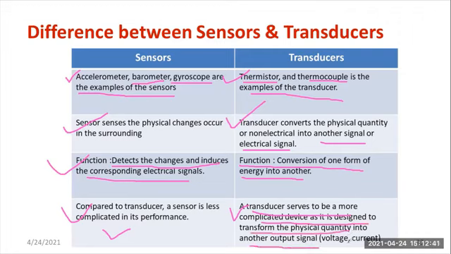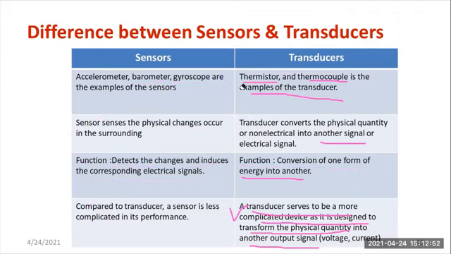That means a non-electrical quantity will be converted into an electrical quantity. So it comprises the sensor and the signal conditioning unit. So it is a bit expensive as well, complicated and expensive compared to a sensor. But the applications of transducers are wide compared to sensors. Sensors have a lot of limitations.